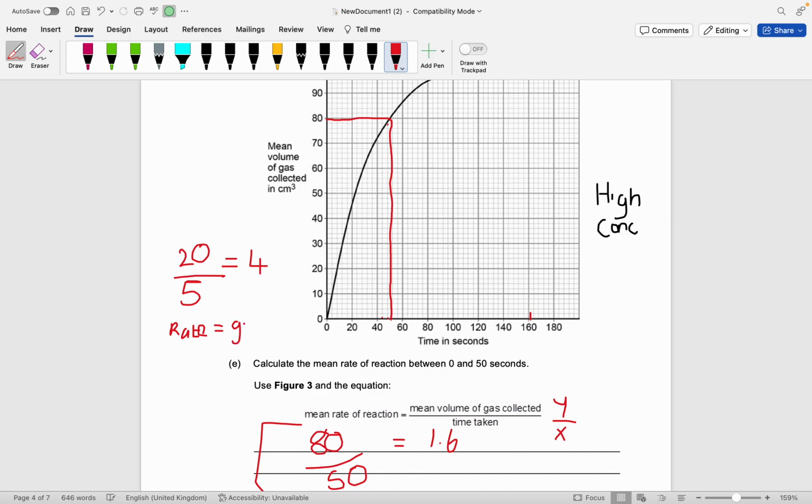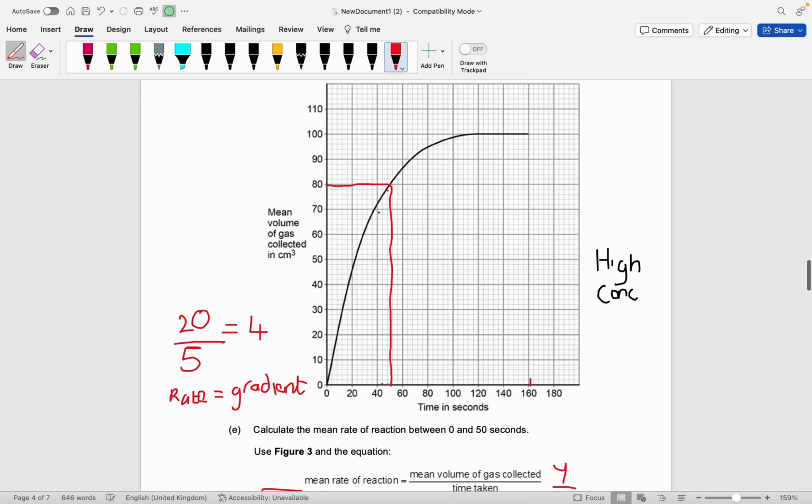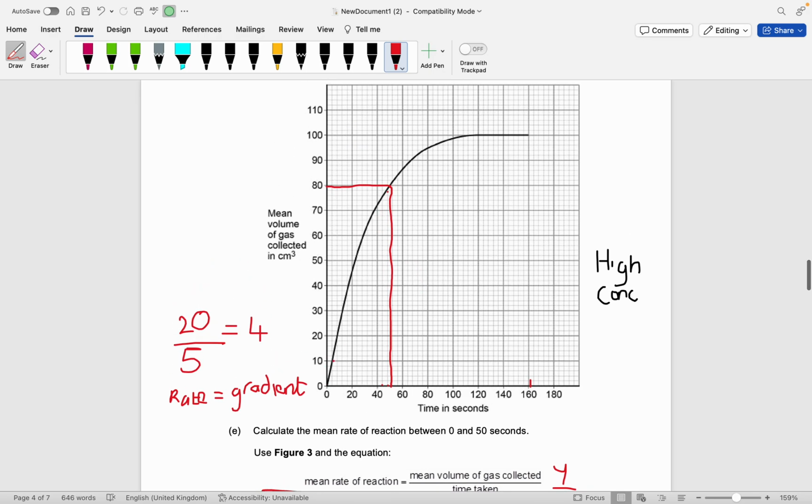So what this question is asking us to do is to comment on what the rate is like by looking at the gradient of the graph. I do apologise, I'm not very good at this pen thing. Okay, so let's have a little look. We can see that we've got a very, very steep line going up, certainly for the first 20 seconds, it's a really, really fast rate of reaction. It's a very steep gradient.